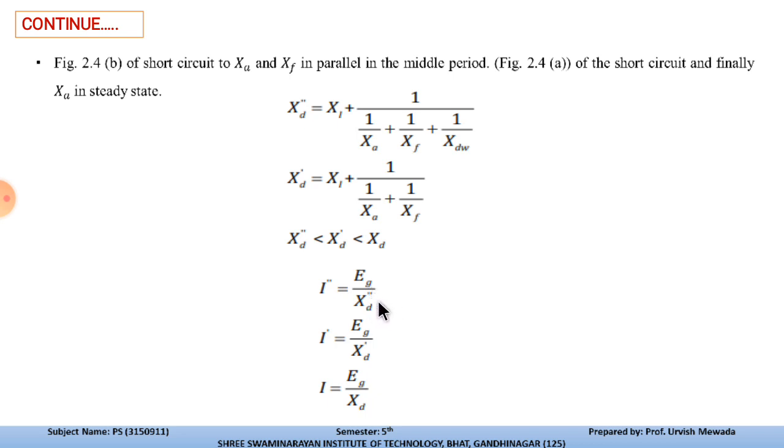So it is Eg by Xd double dash for I double dash, Eg by Xd dash for I dash, and I is equal to Eg by Xd. During the initial part of the short circuit, there is mutual coupling between the stator, rotor and damper winding, and hence the corresponding equivalent circuit is shown in 2.4b.